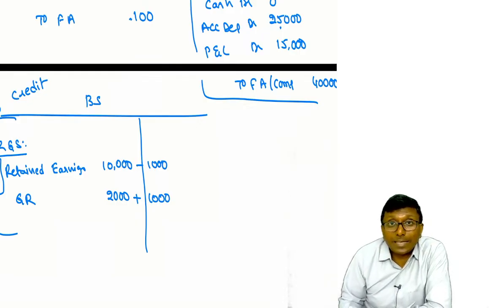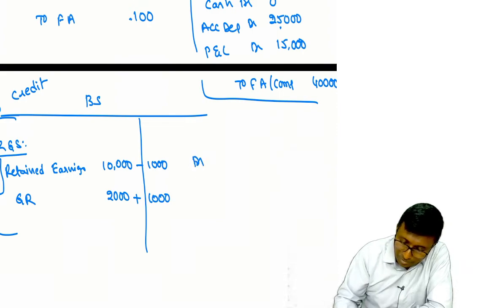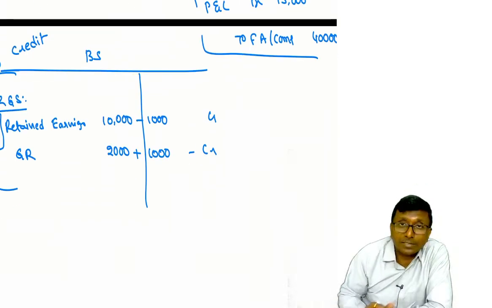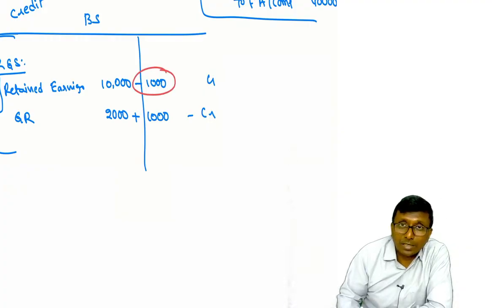Equity shows which balance? Credit balance. Both show credit balance only. There is nothing like a debit balance. Now tell me, you are reducing from the retained earnings, aren't you? Reduce means debit it because it shows a credit balance.